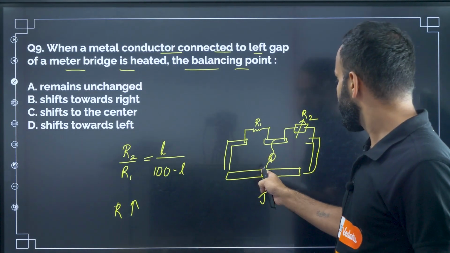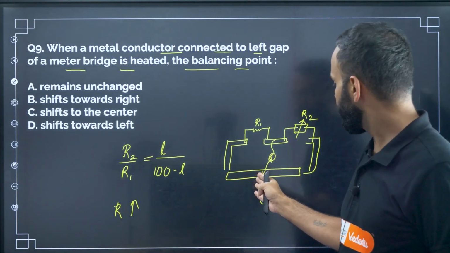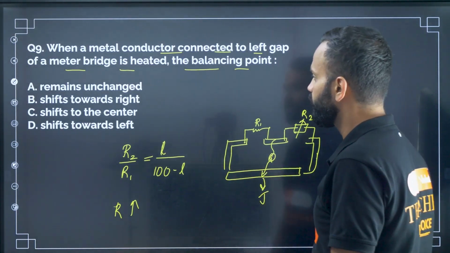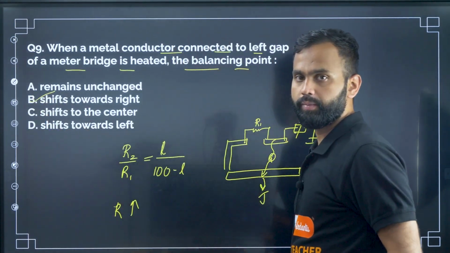Because of that, the jockey, that is the null point, will move towards the right. So the correct option is B.